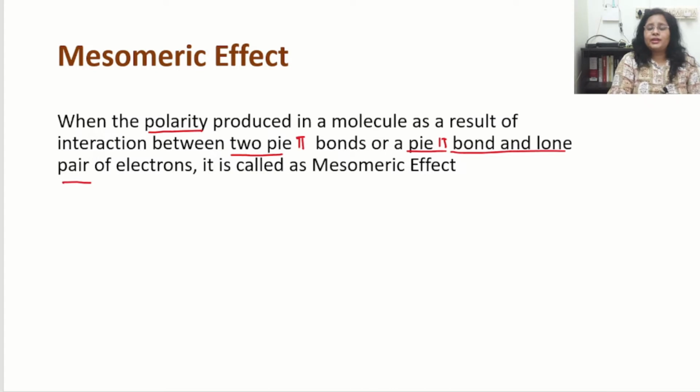So suppose we have a compound in which one atom is more electronegative than the carbon. So what simply is going on there?